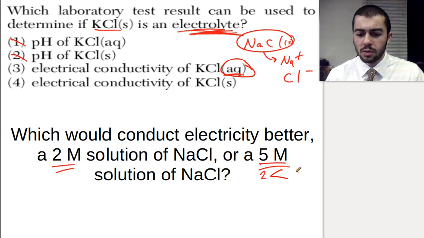Well, so the 2 would be less than the 5, or however you want to think of that. The 5 molar, we have a higher concentration of NaCl, so that's going to give us a higher concentration of sodium and chloride ions. So again, the higher the concentration of ions, the greater the electrical conductivity would be. So the answer would be this 5 molar solution.